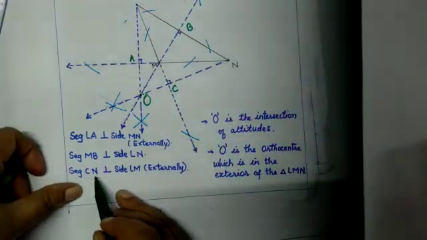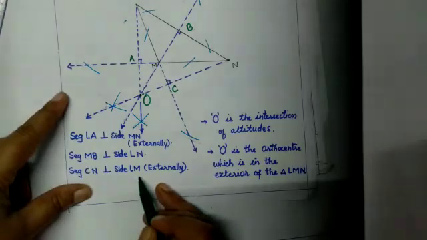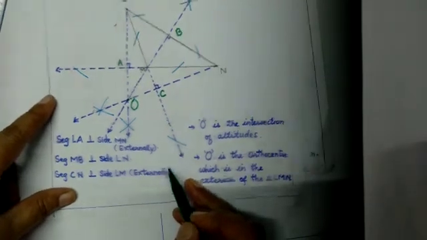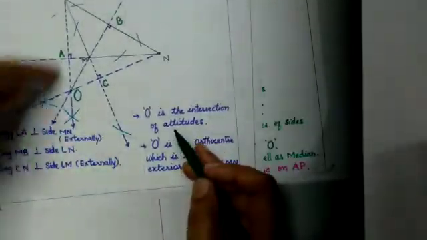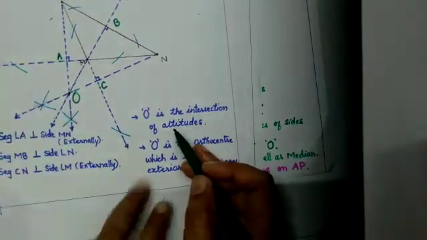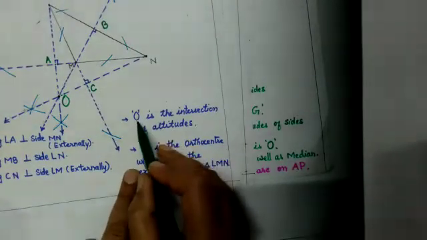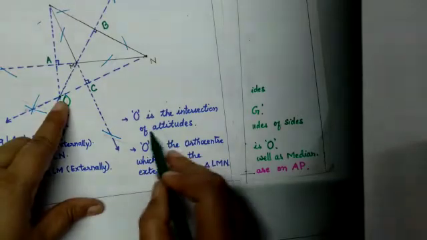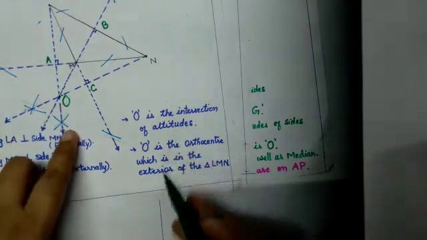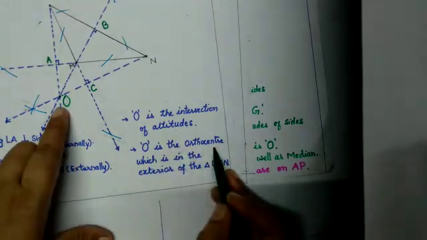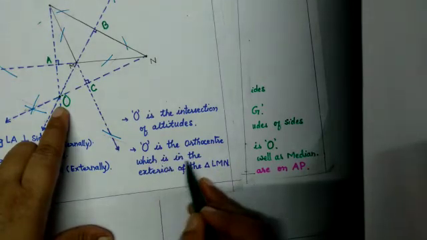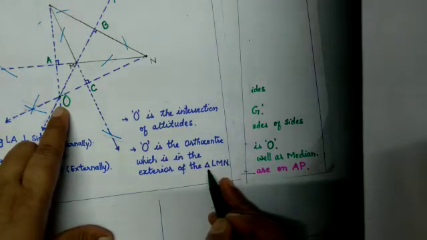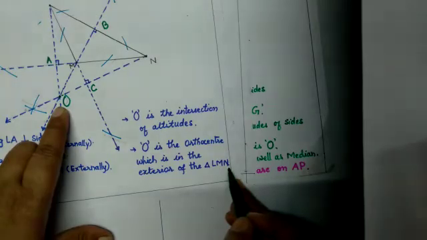So segment CN is perpendicular to side LM externally. So these are the perpendiculars which we have drawn and they are all altitudes. So again we have to note down here, point O is the intersection of altitudes and point O is the orthocenter which is in the exterior of the triangle LMN.